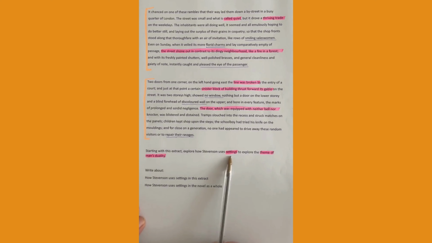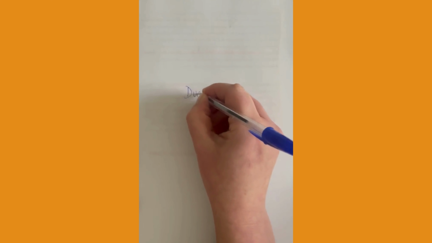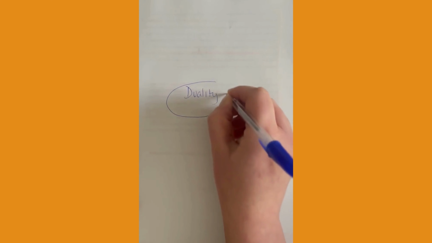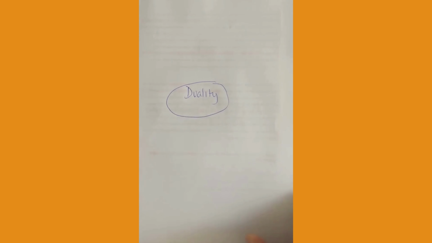So, starting with the extract, explore how Stevenson uses settings to explore the theme of man's duality. If we accept that that is our key theme, but that we are looking for quotations about setting to prove that.